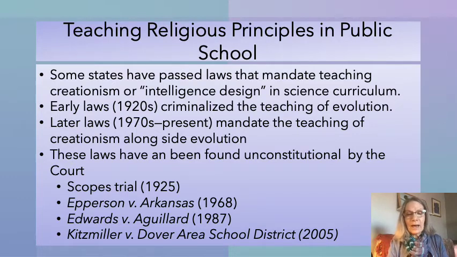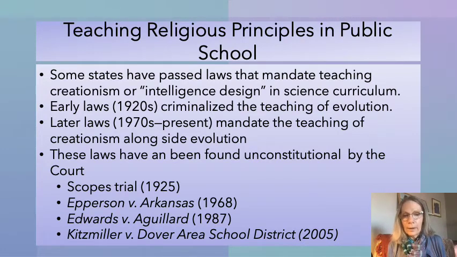And then finally, Kitzmiller v. Dover Area School District from 2005. This case never went to the Supreme Court. It was adjudicated in the lower federal courts, and the Supreme Court never granted the writ of certiorari. They let this lower decision stand. But this is a case about the teaching of intelligent design in schools.